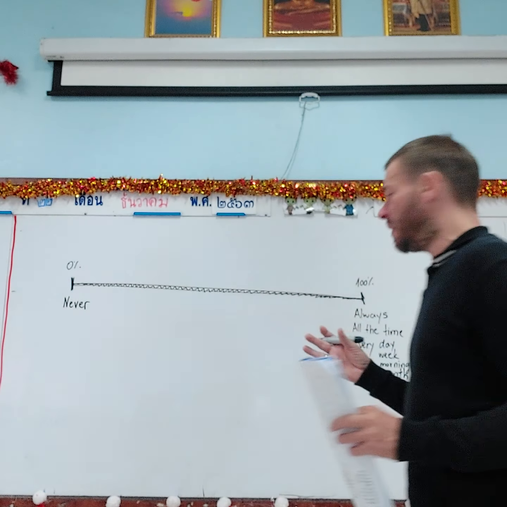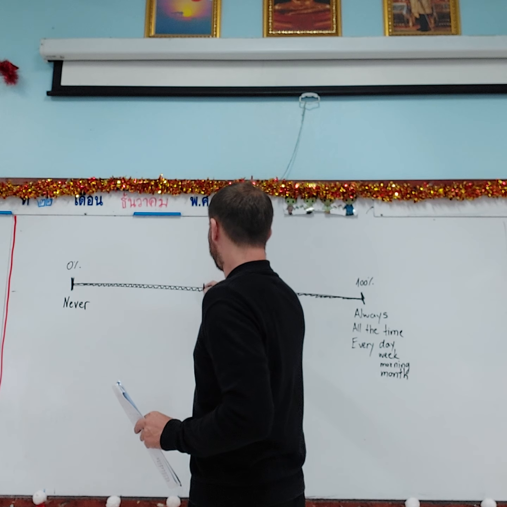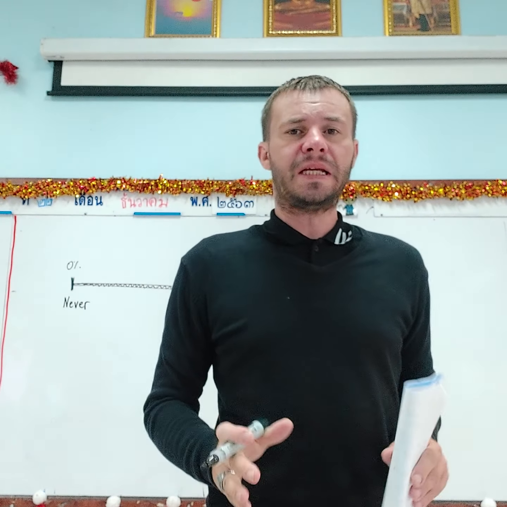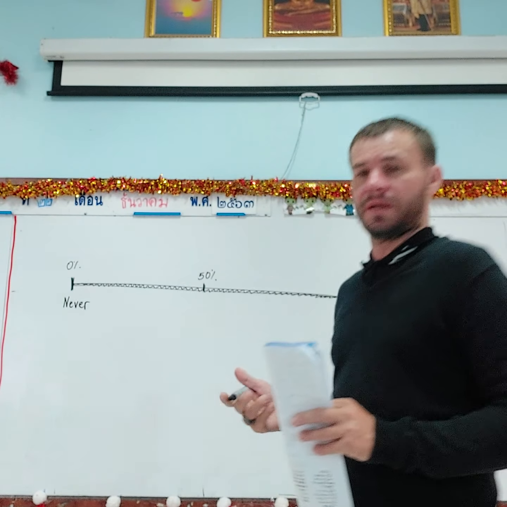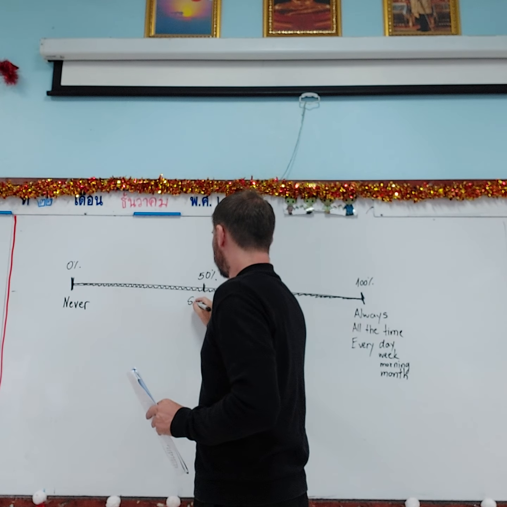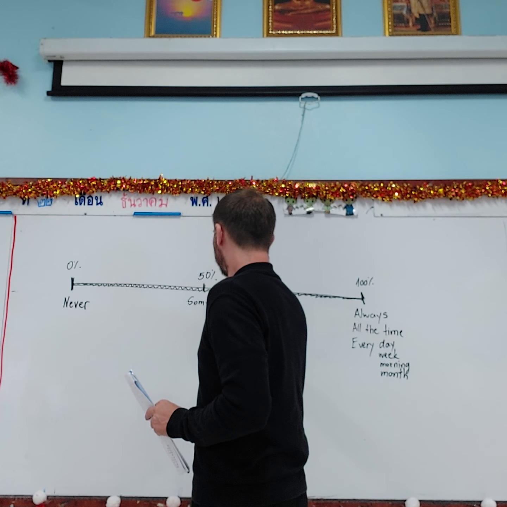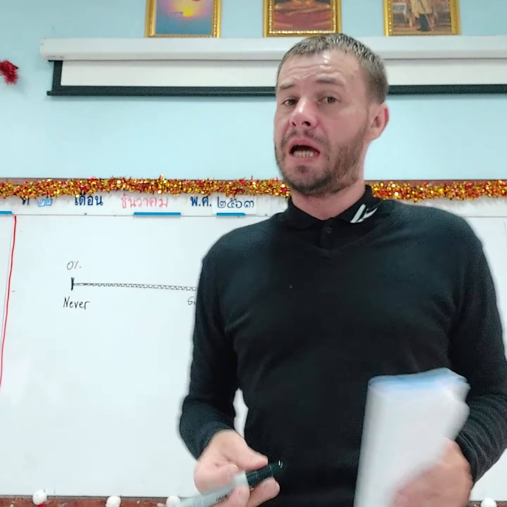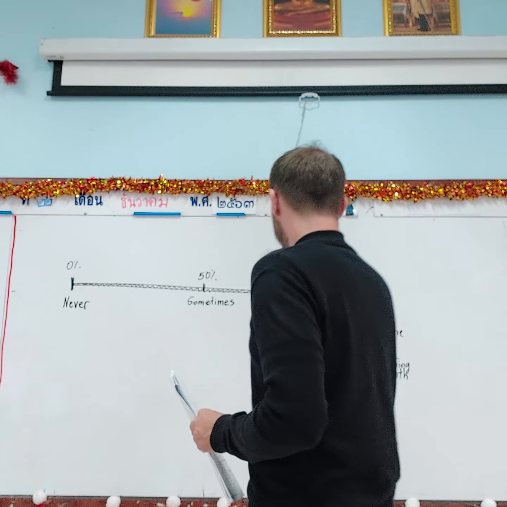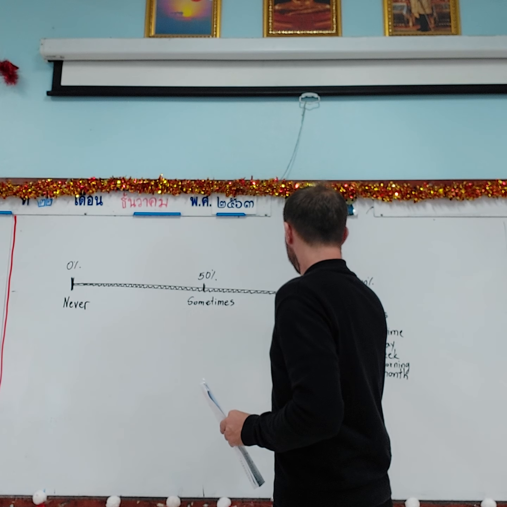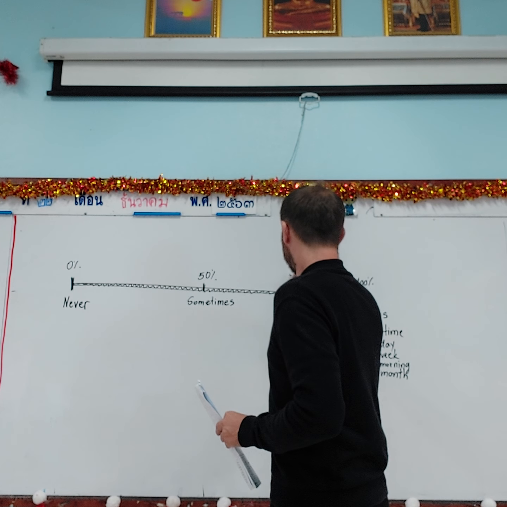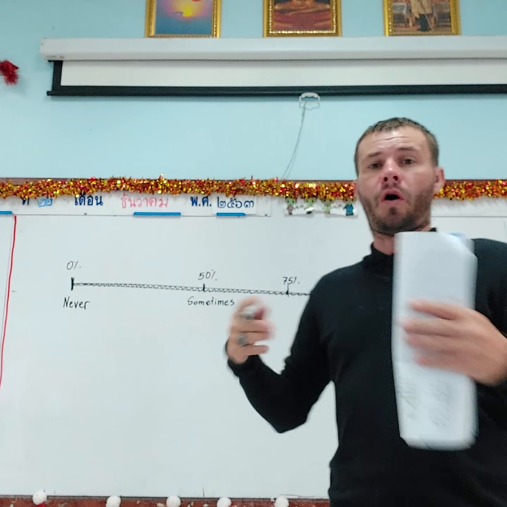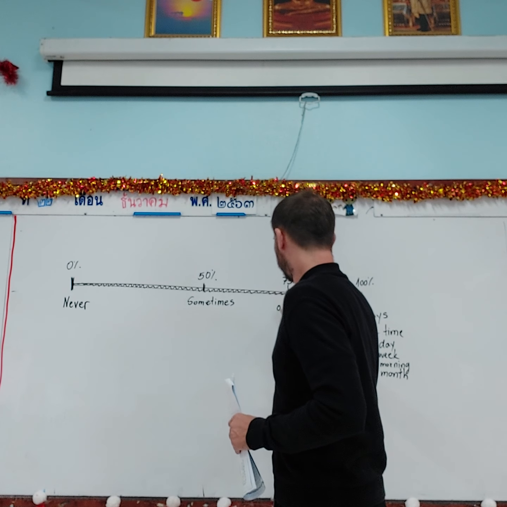If something happens about 50%, then it is sometimes. It happens sometimes. If something happens around 75%, we say it happens often. Often.